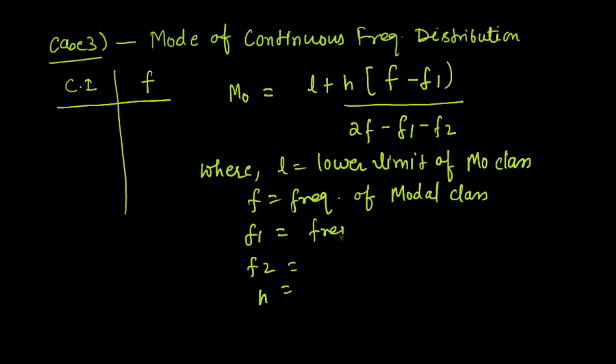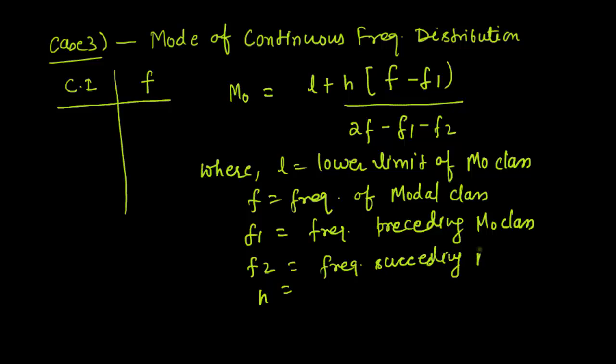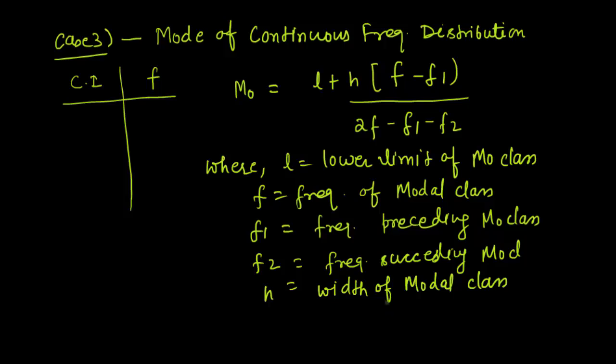The f1 is the frequency preceding the modal class, f2 is the frequency succeeding the modal class, and h is the width of the modal class. You have to write a remark also.